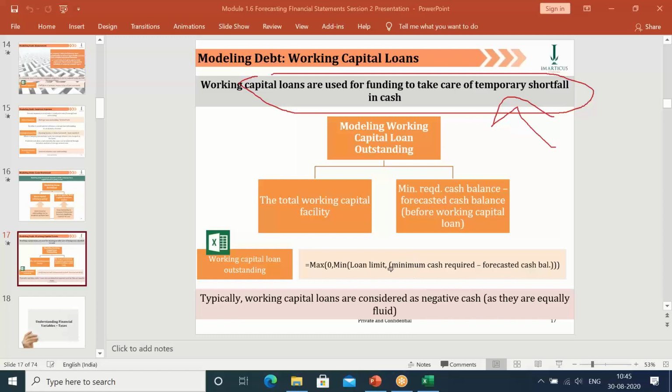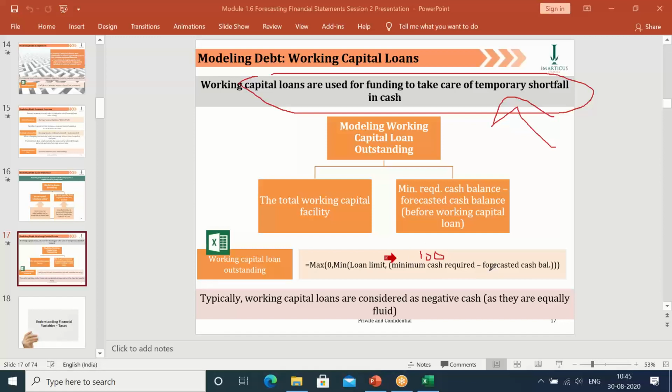The company has a policy, let's assume, that it will hold a minimum cash balance of 100 rupees.